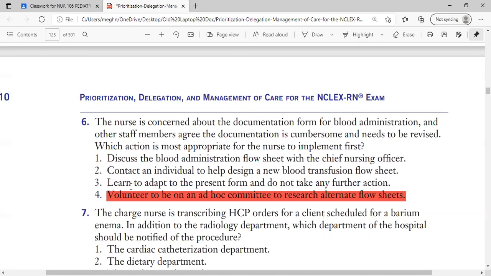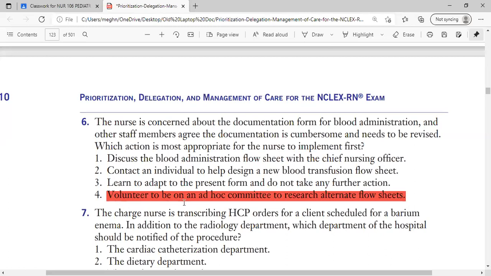And number 3 is not the answer because the nurse should be a change agent. And number 4 is the answer because the staff nurse should be part of the solution to a problem, and volunteering to be on a committee of peers is the best action to effect a change.